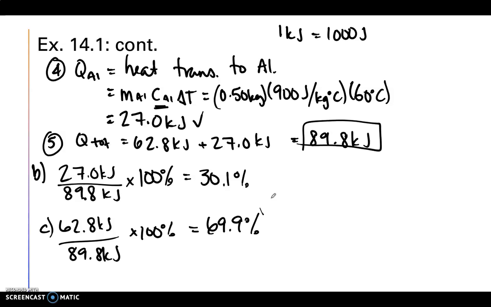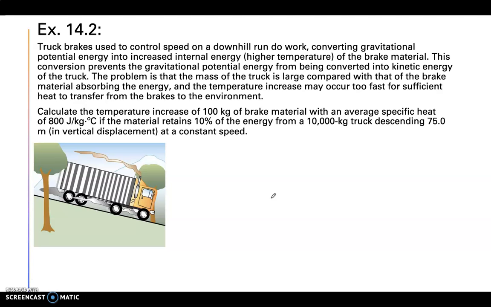Okay, so let's go ahead and move on to our next example. This one has a very long introduction. It states that truck brakes used to control speed on a downhill run do work, converting gravitational potential energy into increased internal energy or a higher temperature of the brake material.